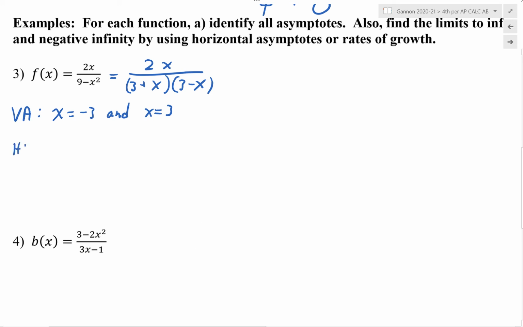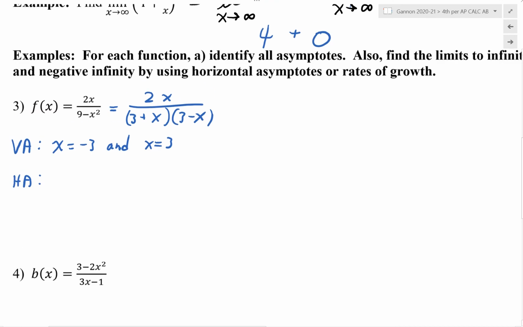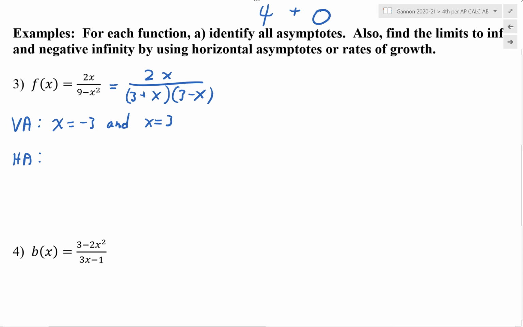Now for our horizontal asymptotes, because they're both polynomial functions, we can think of them having the degree on top being the same as the degree on the bottom. So for that to work, I've got x squared on the bottom, but only x to the first power on top.